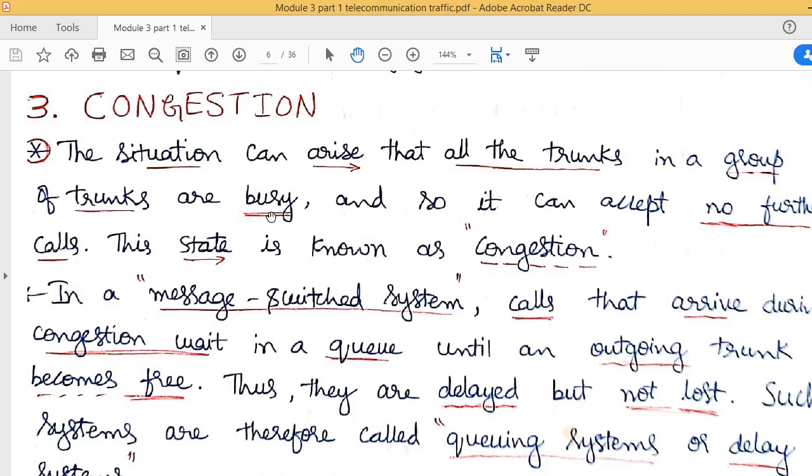So during that busy hour we are going to observe congestion. Congestion is observed because all the trunks are handling calls. No one is free to accept new calls. Such a state is known as congestion.